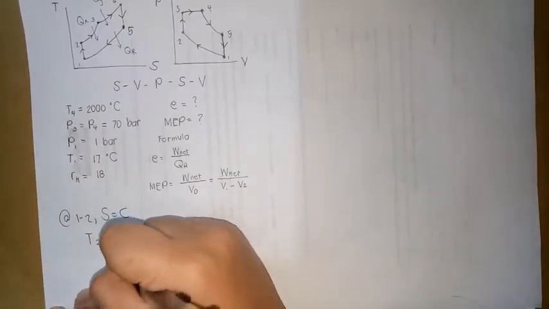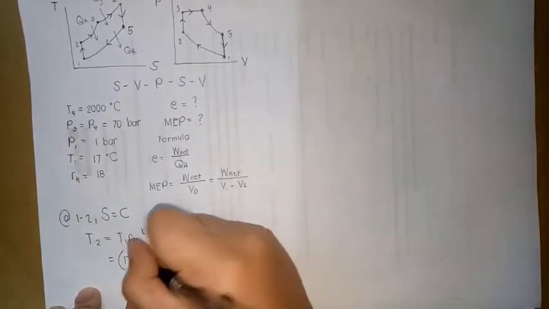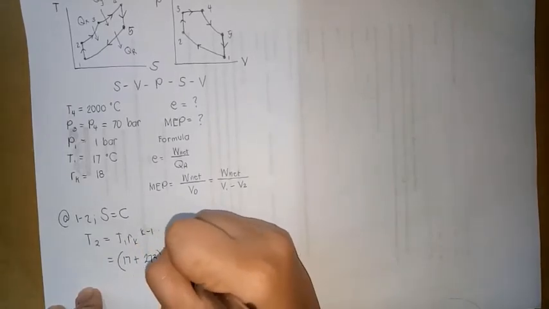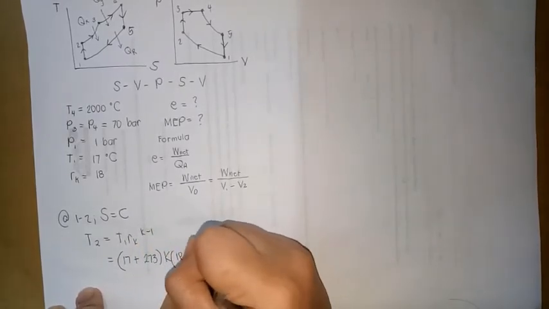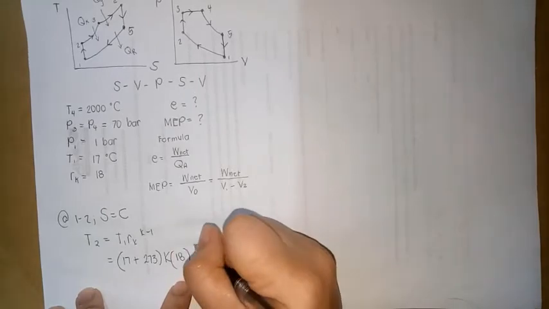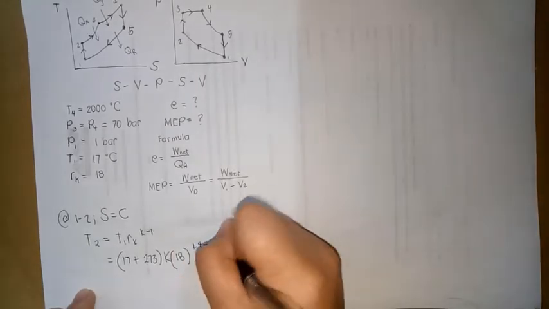If you remember, that is our derived formula for process 1 to 2. Substituting T1 in this equation, 17 plus 273, it needs to be absolute, times rk, the compression ratio, 18, raised to k, which is 1.4 minus 1. So, T2 is equal to 921.5247. Let me write that down. Okay, so we now have T2.